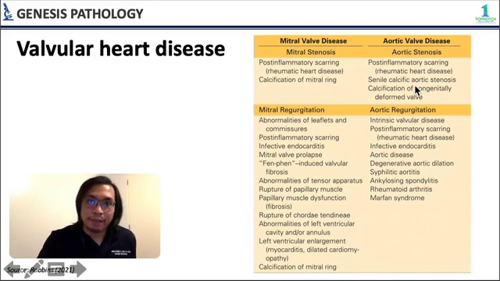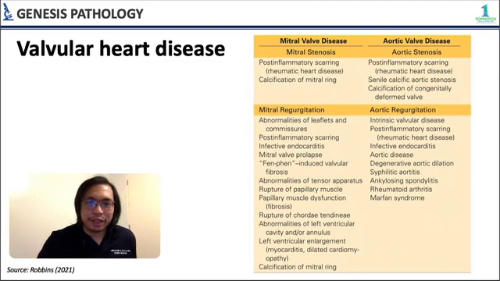Pagtanda natin. Pero may isang important cause of your aortic stenosis. That's your bicuspid aortic valve. Okay? Bicuspid aortic valve. So, bicuspid aortic valve, that is a congenitally deformed valve and that is more prone to calcification and can cause your aortic stenosis.